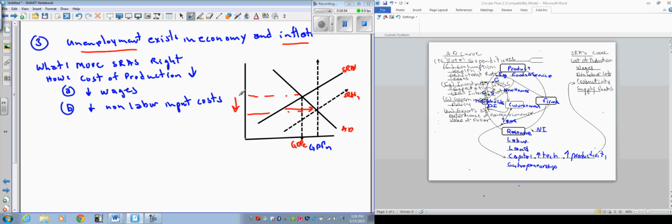An example would be when the oil drilling occurred in North Dakota and the barrels of oil prices went down, gas prices went down, so that's a non-labor input cost. It decreased, and it's going to decrease the cost of production, and it's going to help move the SRAS curve to the right.